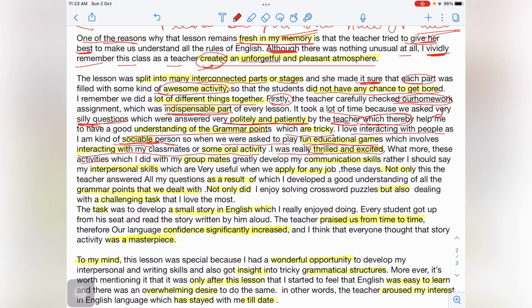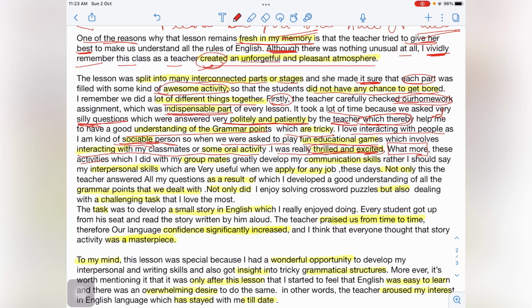So whenever there was some oral activity, when you have to talk with each other, you liked it, and therefore you will not say I liked it, you will say I was thrilled and excited. What more, this is again one connective.